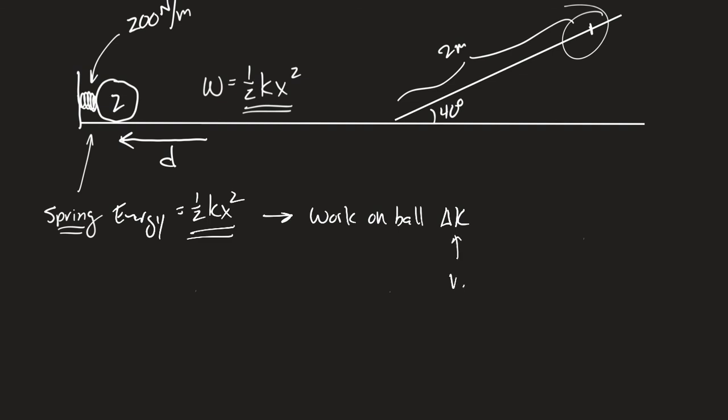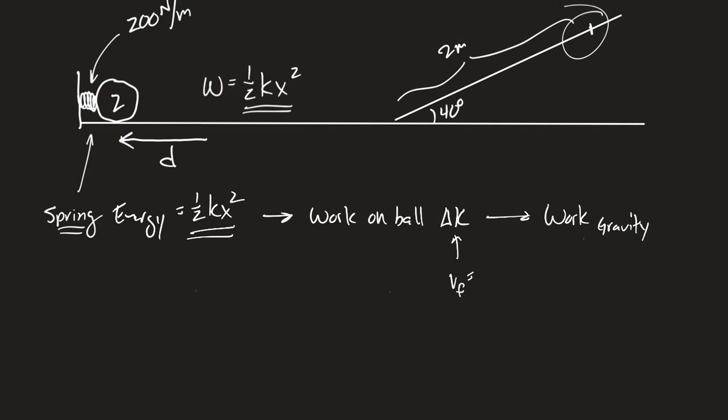This would give us the velocity of the ball. And then use this to figure out how much work will be done by gravity on the ball. Because isn't this what's going to happen to the ball? The ball is going to start at rest, the spring's going to push on it and give it kinetic energy. Then the ball is going to encounter the hill, and gravity is going to take that energy away as the ball rolls up the hill.